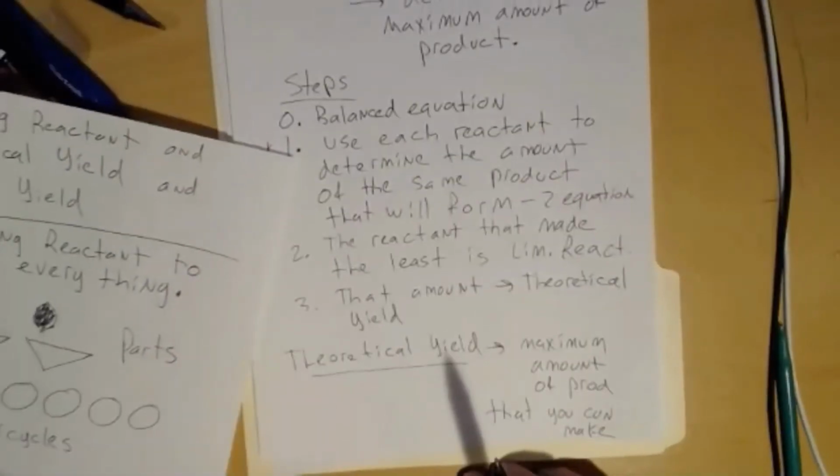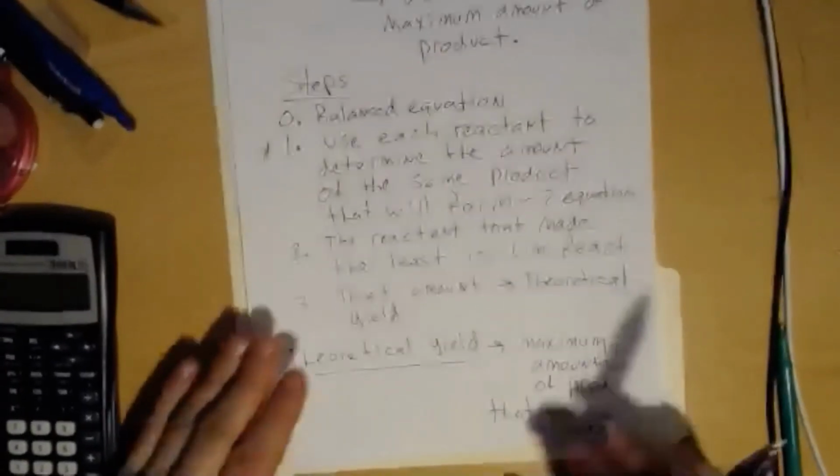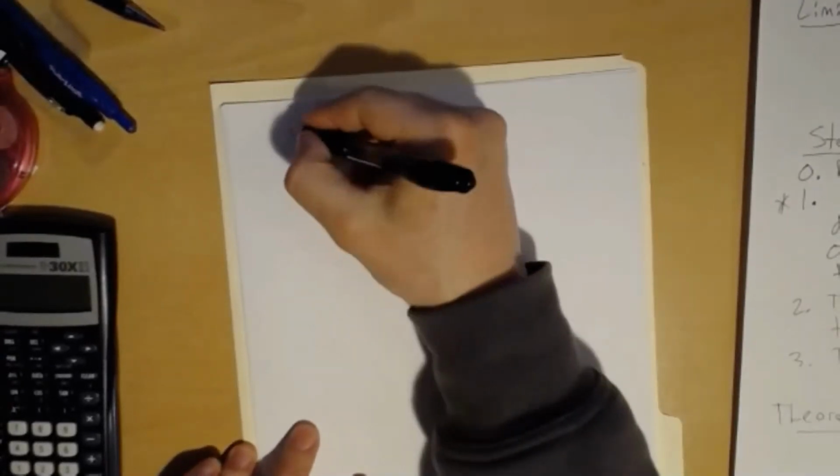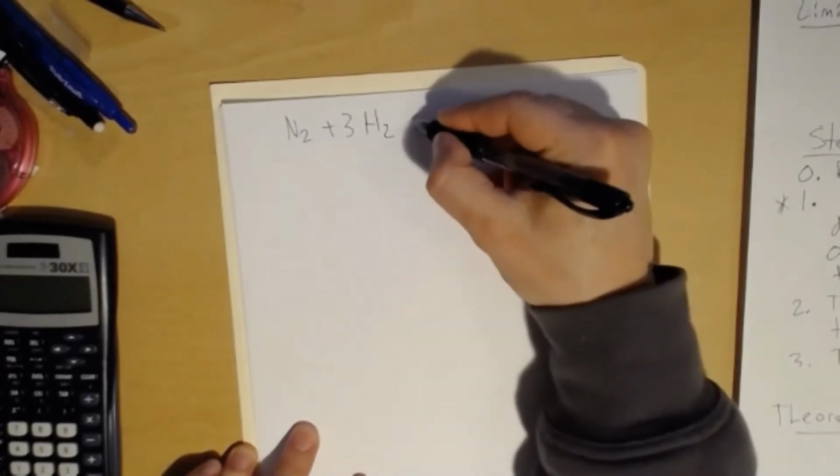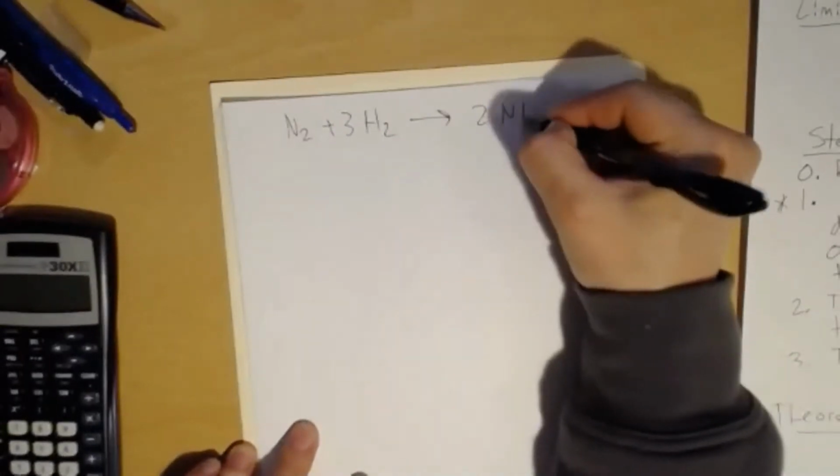So let's do that with a chemical reaction. I'm going to go back to the Haber process. N2 plus 3 H2 goes to 2 NH3.